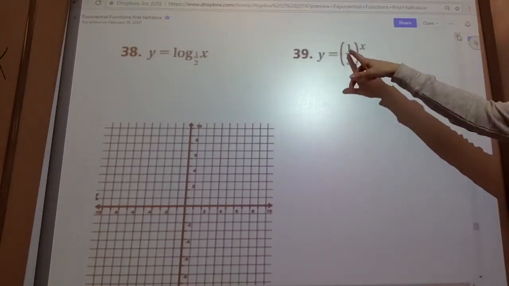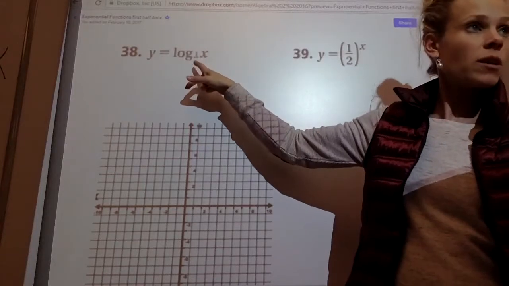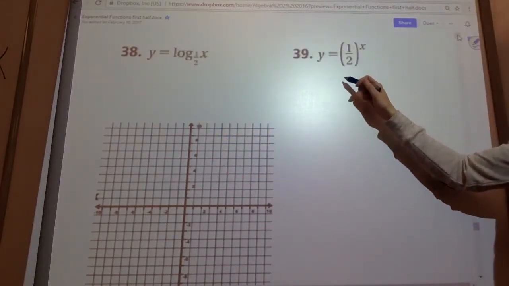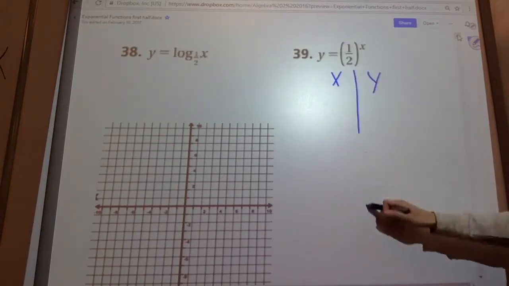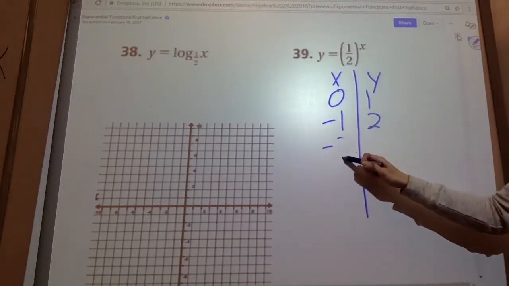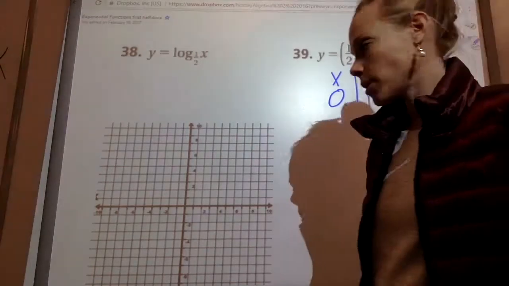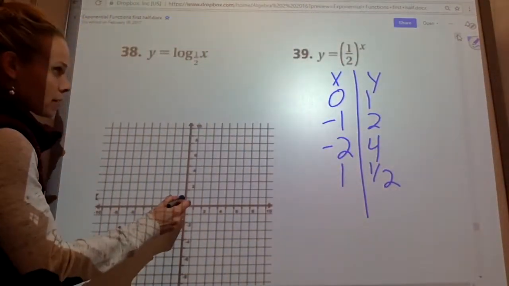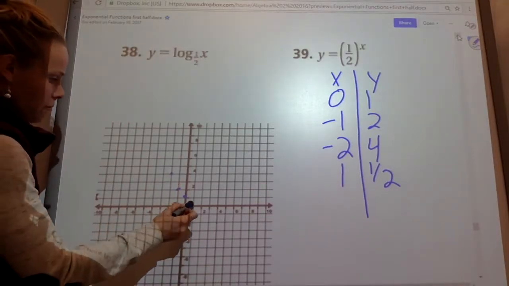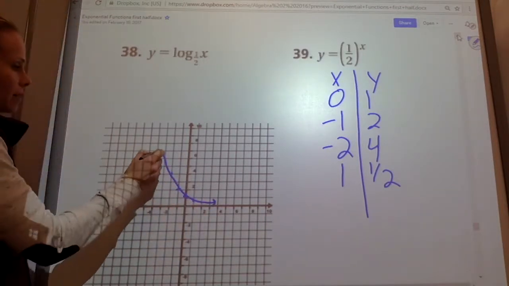If I have a base 1/2 to the x power, the inverse of that is going to be log of base 1/2. Okay. So again, this is the one I can put in my graphing calculator to find points, or you can use some mental math. Anything to do with 0 power is 1. Right? Find some points to graph, and I can graph those. And you should see it's an exponential decay because 1/2 is less than 1.